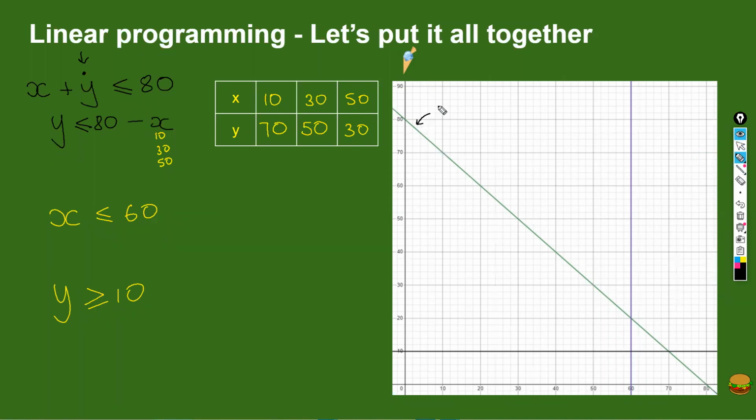This one here is x plus y is equal to 80. This one here, the vertical line going through 60, is x equals 60. And this horizontal line going through 10 is y equals 10. Make sure you understand it, then draw it, and make sure your green line is exactly like my line, right?